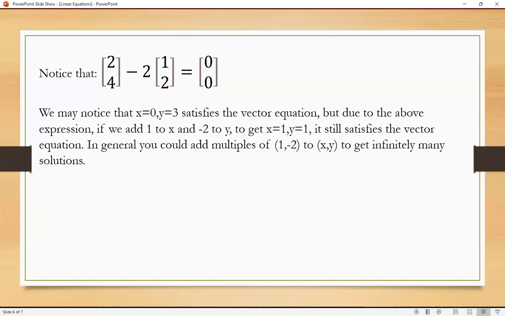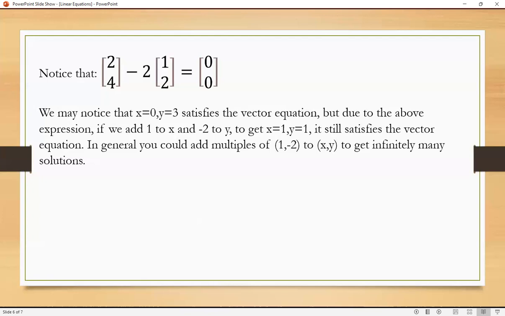So that means that if x comma y is a solution to our set of equations, then x plus 1 comma y minus 2 is also a solution, which means that in general, you could add multiples of 1 comma minus 2 to x comma y to get infinitely many solutions.